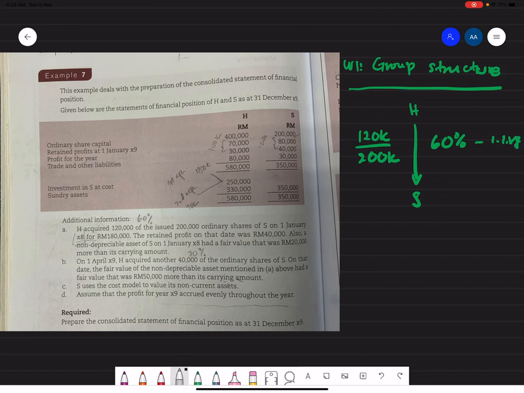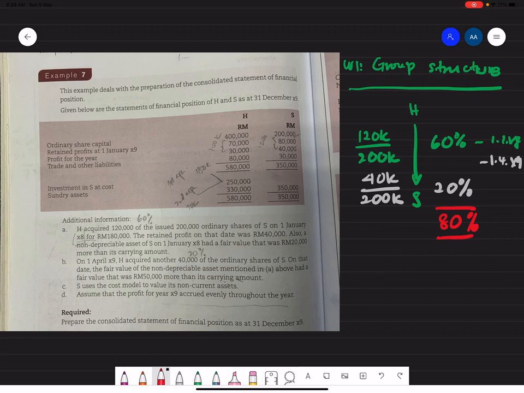Then on 1st April X9, H acquired another 40,000, so 40,000 over 200,000, another 20%. So now the total is 80%. Okay, so this is the group structure.